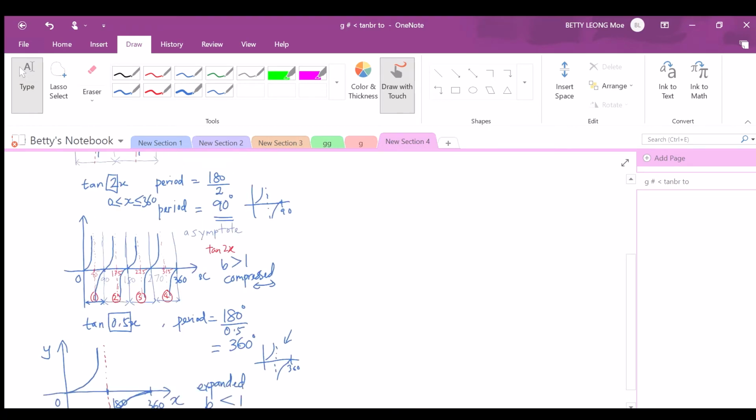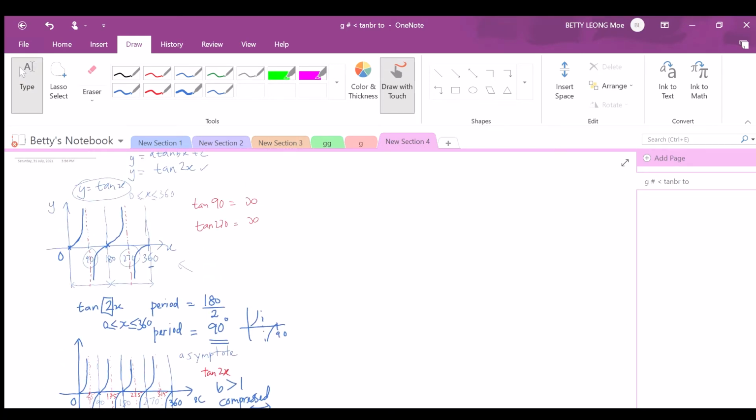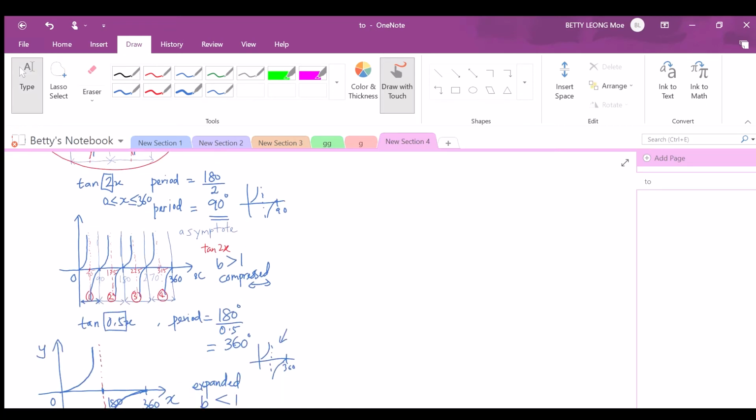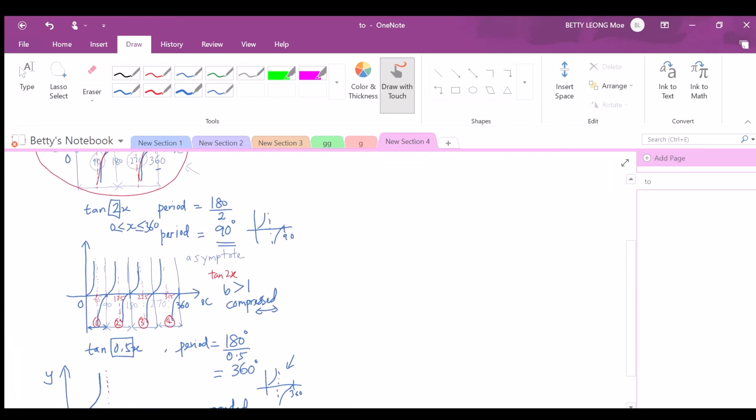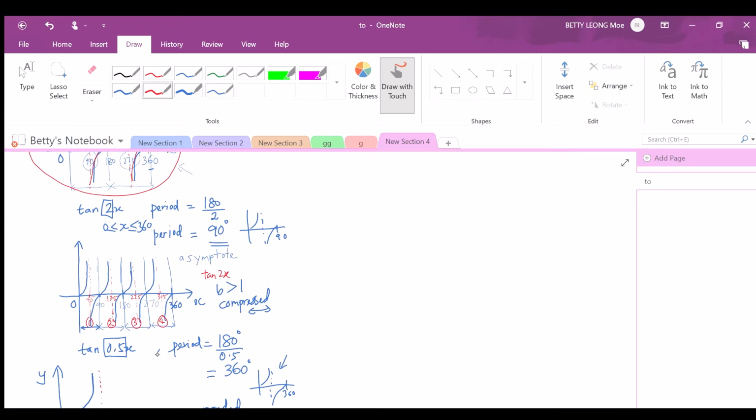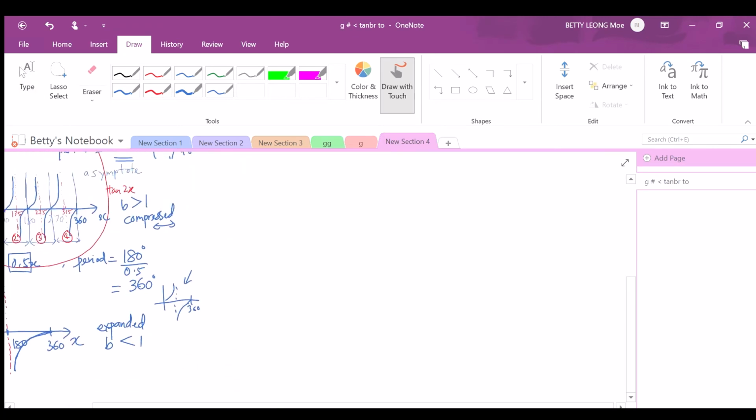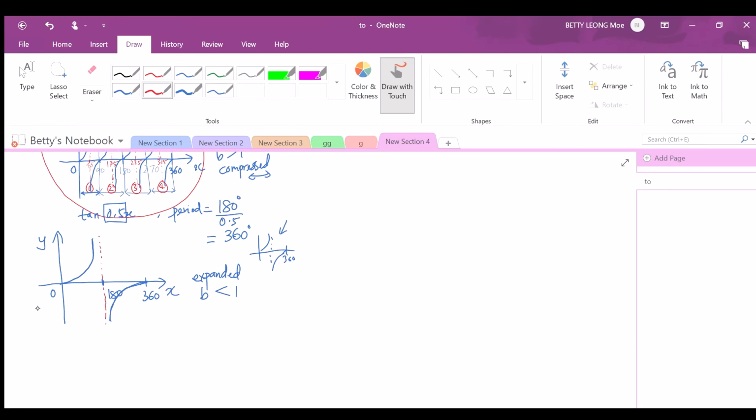This is the normal graph, the shape is like this. And when it is tangent 2x, this is the graph, it's compressed. And for tangent 0.5x, it is expanded.